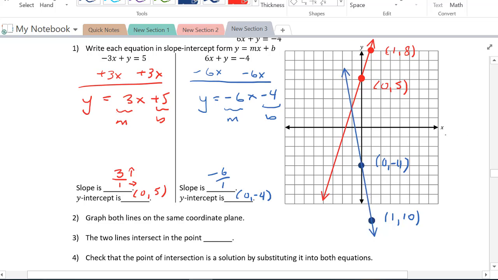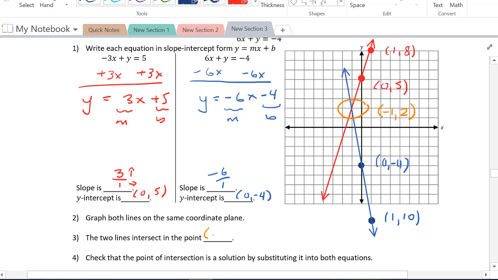As you can see, the two lines intersect right here at this point. So what's that point? That point is negative 1, 2. That's our solution.